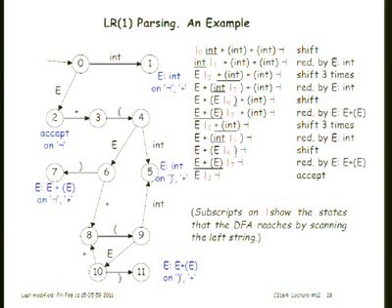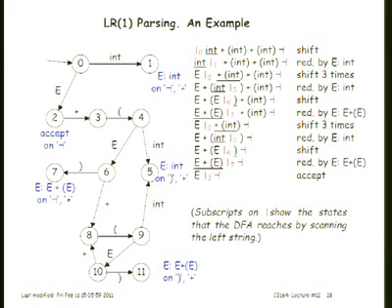And we do, so we see a plus, in fact. So we will do the reduction, which now gives us this, E plus int. So that's E, that will be E plus, that just gives us E. And then when we follow that, we see at this point we should accept if there's an end of file, there isn't. So we keep shifting.